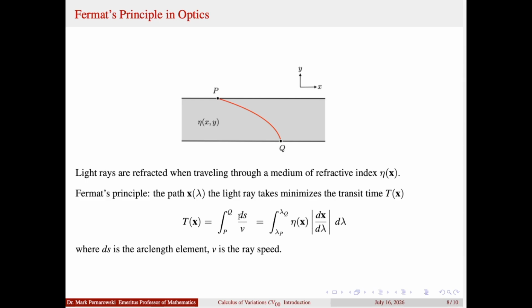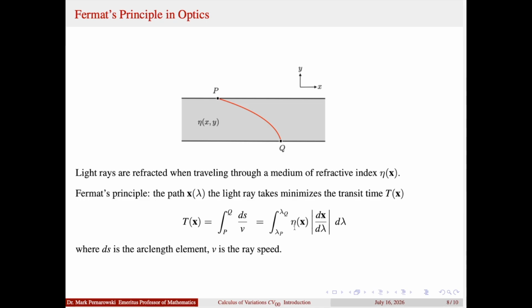Again, it's the arc length element divided by the velocity, integrated from the initial point to the end point. Here, the arc length is given by the magnitude of dx/d lambda, for some parameter lambda, and so that's ds. And then 1 over the velocity of the light in the medium is what the refractive index is. Why does this work? Who knows?